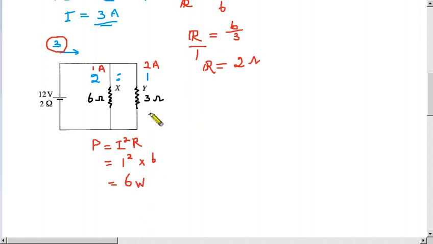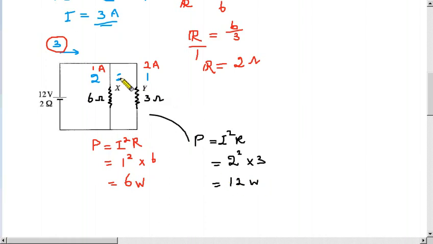Here the power is again I squared R. I is 2 ampere, 2 ampere squared times R, which is 3 ohm. Then 2 times 2 is 4, 4 times 3 is 12. That is the final answer.